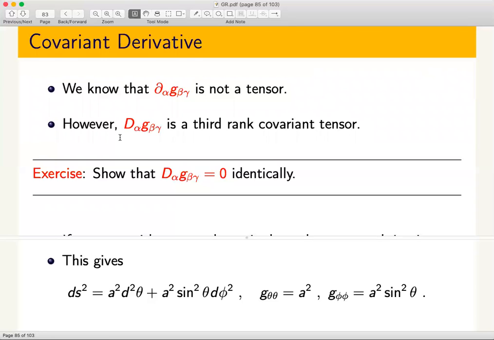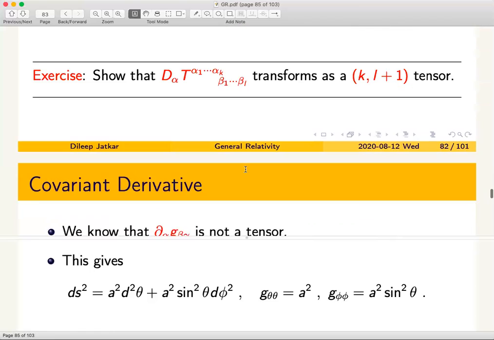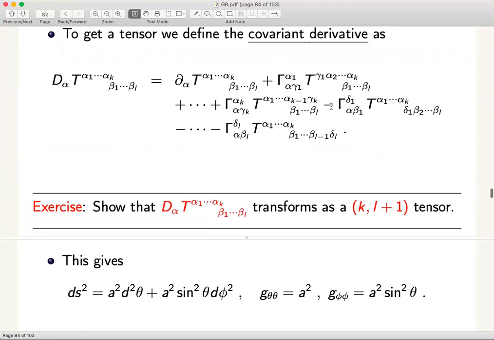By identically zero, I mean that you just plug in the expressions of the covariant derivative. That means del alpha of g beta gamma minus, remember, covariant indices come with a minus sign, right? Whenever you exchange a covariant index, beta 1 is replaced by delta 1, it comes with a minus sign, whereas when alpha 1 is exchanged by gamma 1, it came with a plus sign.